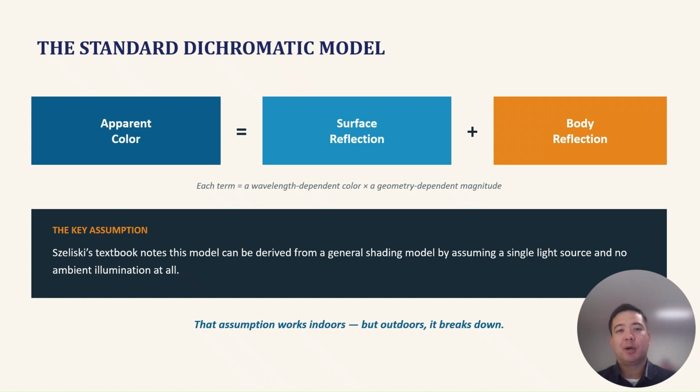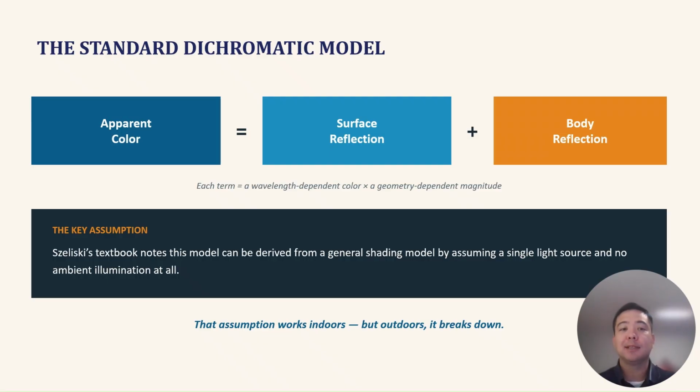Standard dichromatic model. So as a quick refresher, the standard dichromatic reflection model describes the color we see on certain materials, things like plastic, paint, ceramic, and paper. These are materials where light doesn't just bounce off the surface, some of it also gets absorbed and re-emitted by tiny colored particles underneath the surface.